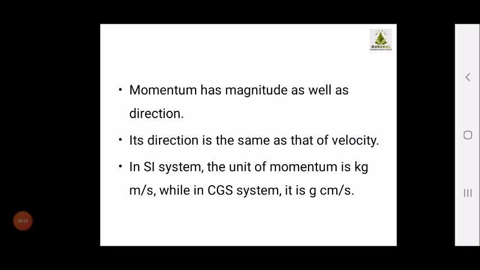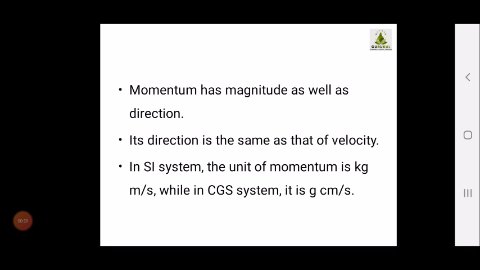Then you should know that in the SI system the unit of momentum is kilogram meter per second, while in CGS the unit of momentum is gram centimeter per second. Once again, in SI the unit of momentum is kg meter per second, while in CGS it is gram centimeter per second.